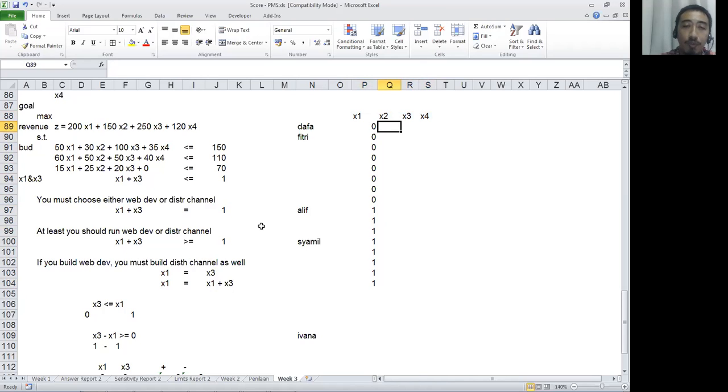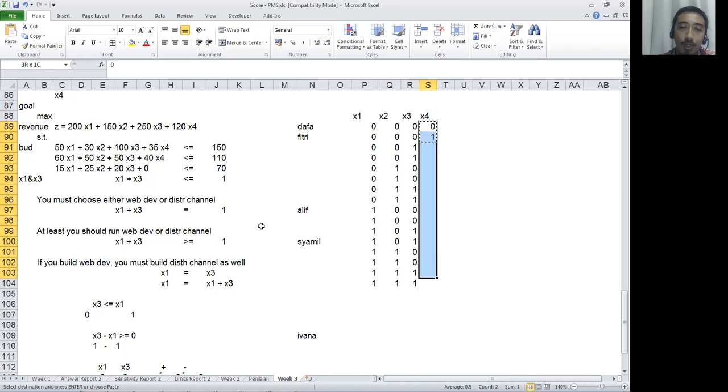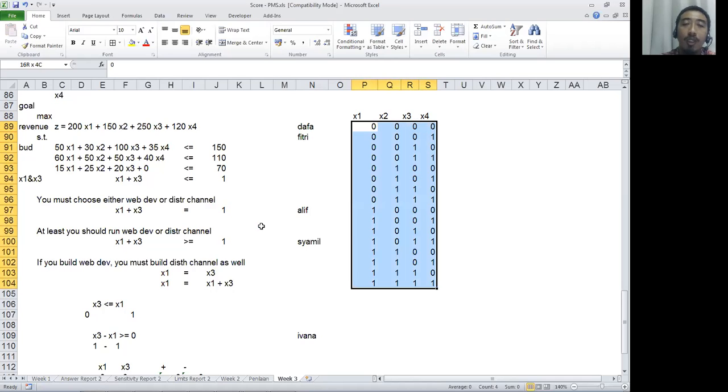After that, we put 4 zeros and then 4 ones, and then we repeat this pattern. Then another pattern, 0 0 1 1, and then the last one, 0 1. By doing this, we will have all possible combinations.